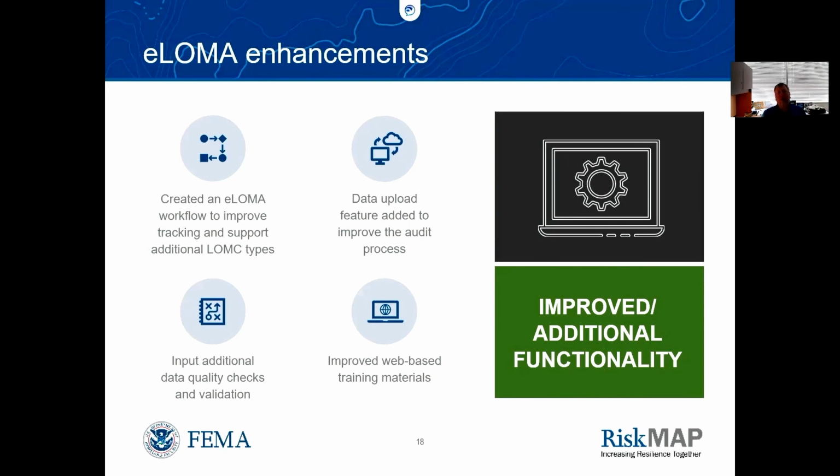They already can upload at the beginning, and if we have to request additional information, they can upload it or they can submit it via email to the auditors directly. We have added some quality checks and additional validation to the tool, but we'd like to add some more just to make sure that eLOMA determinations are being issued properly. And we'd like to improve the web-based training materials. Particularly for new users, we'd like them to be able to go through required training in the future.